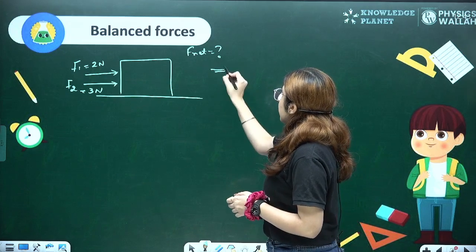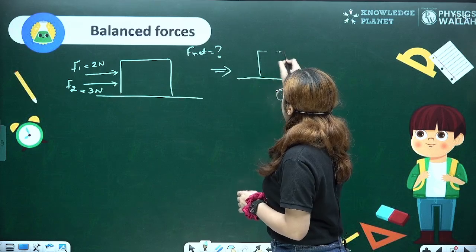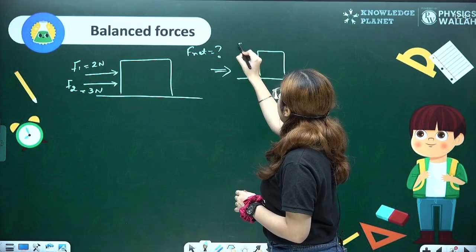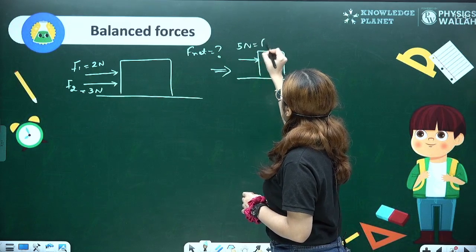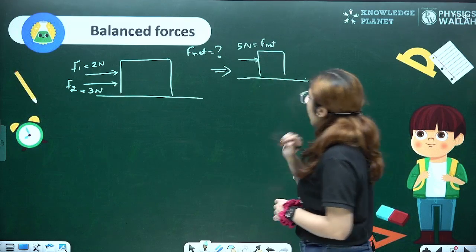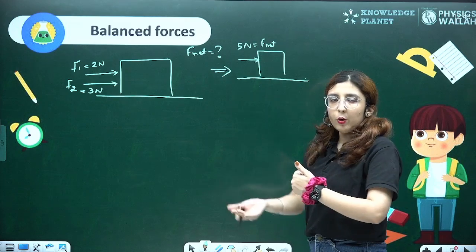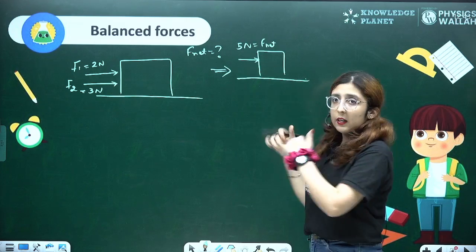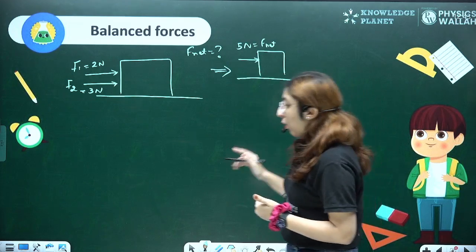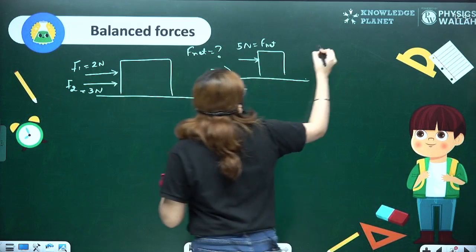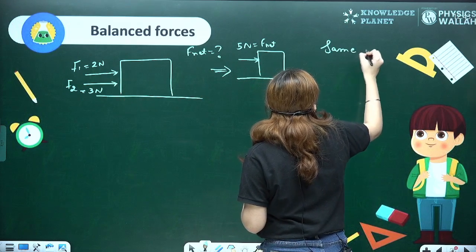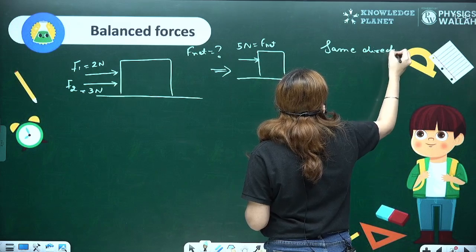So the net force on this box is nothing but 5 Newton. I am giving you the basic, then we are going to move ahead, and questions like this only occur. Same direction, add.